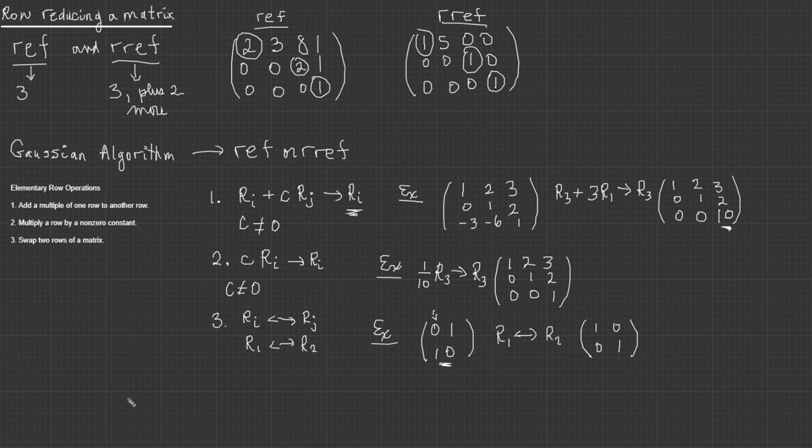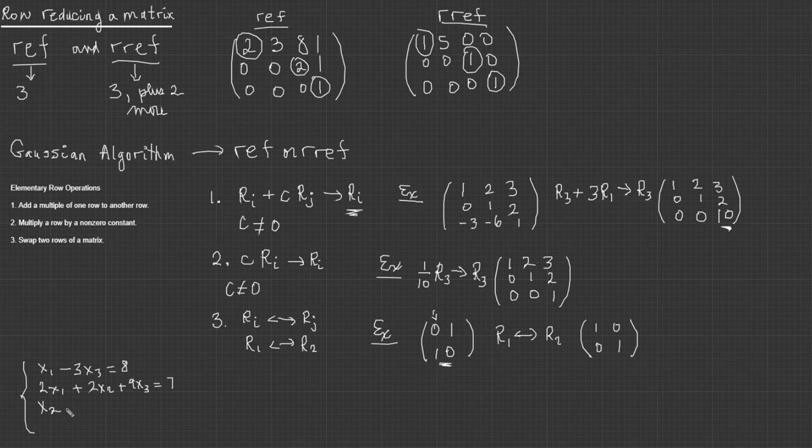So, let's say, for example, we had this system. Let's say we had x1 minus 3x3 is equal to 8. 2x1 plus 2x2 plus 9x3 is equal to 7.